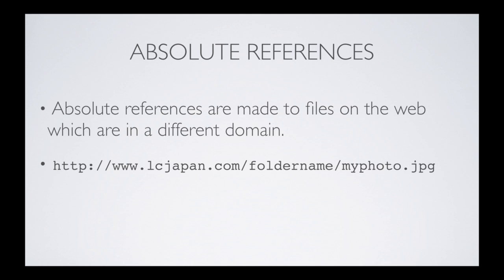It looks like a URL or a web page address, and that's exactly what it is. This is an absolute reference. Notice that the very end, or the last two parts, are the same as a relative link or a relative reference. If it's an absolute reference, you would add http:// and then the name of the domain and whatever other folders are necessary.